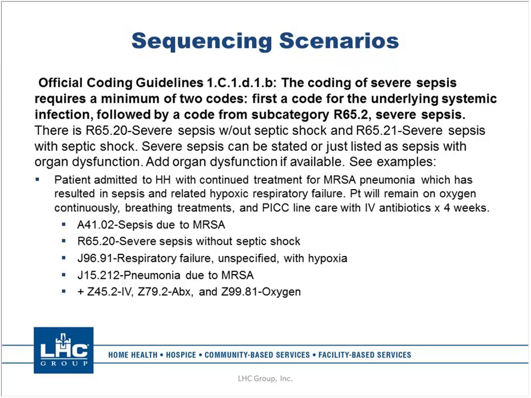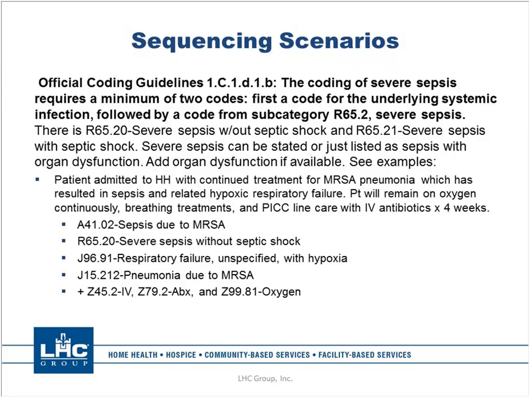You need the sepsis code, and then you need another code to identify severe sepsis. If we don't know the acute organ dysfunction that has been linked by the physician, then we can't code it. Even though it tells us to add the code, we can't code it if we don't have it. So by all means, ask what it is. If you can't get it, you're still coding 2 codes here because it's appropriate.